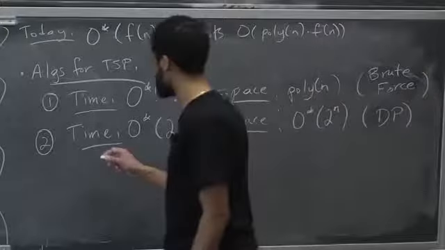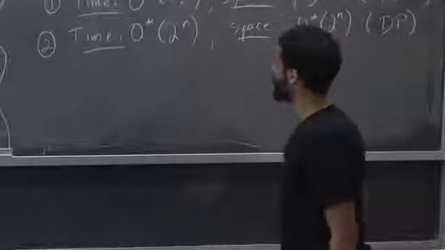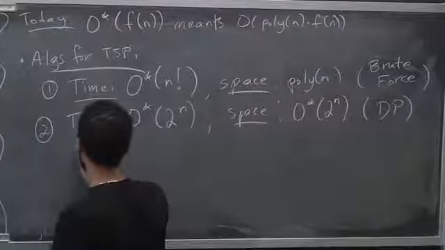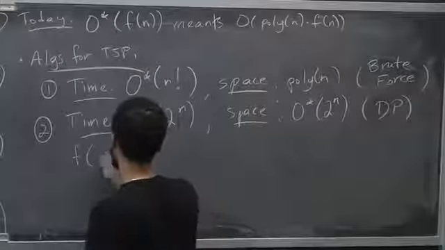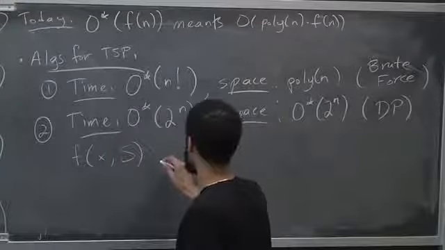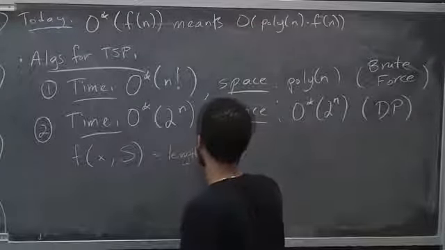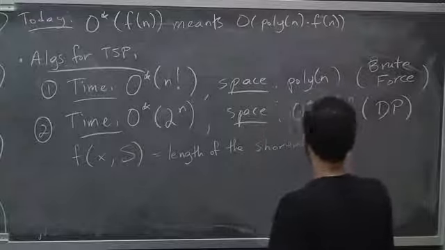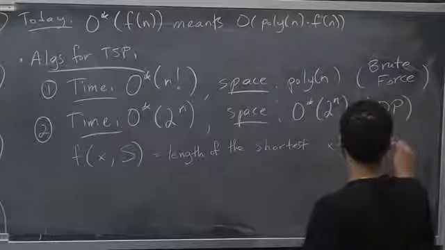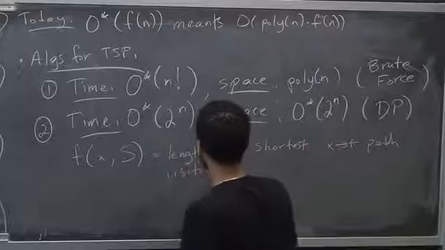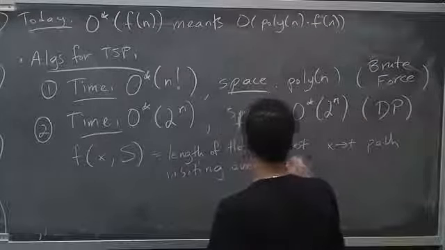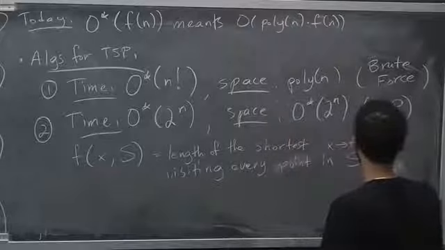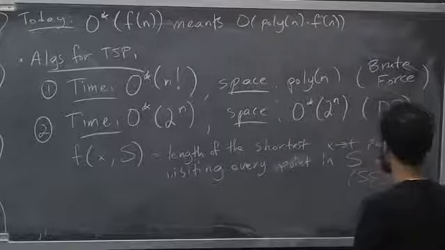The point is you can define a function: let f of x, S be the length of the shortest x-t path visiting every point in S once, where S is a subset of the points.